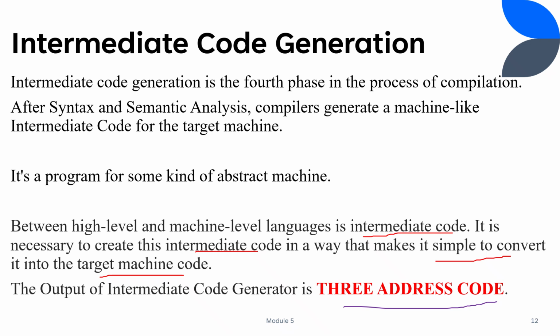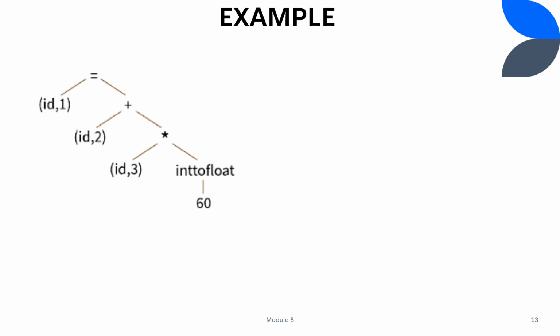I repeat, the intermediate code generator is responsible for creating three address code, and this is popularly known as 3AC. Let us see how three address codes are generated. The intermediate code generator takes as input the semantically verified parse tree. Let us understand step by step how to convert it into intermediate code.